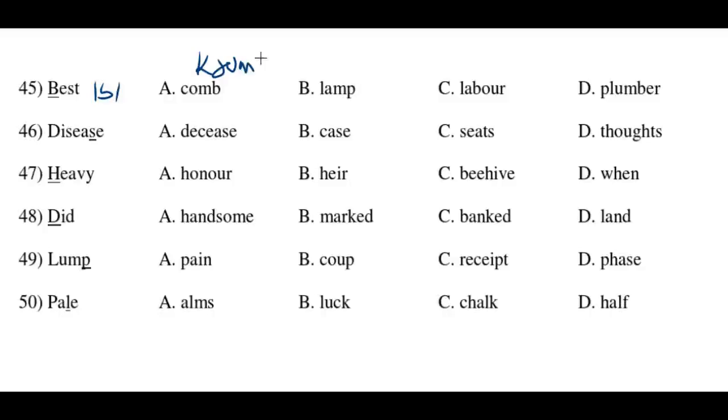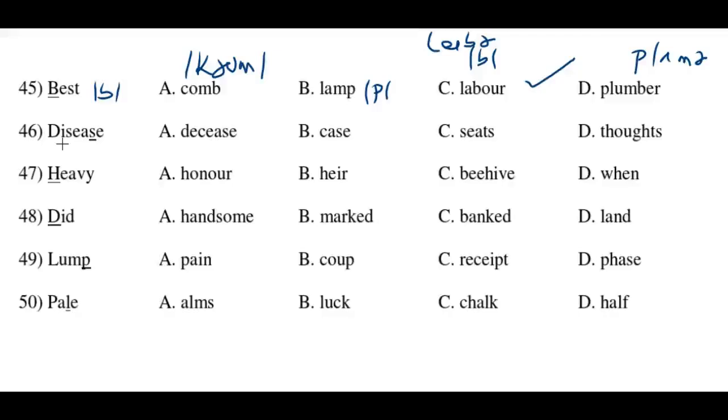Then in lamp, what we have is p. Then C, labor. There is B. And this is plumber. In plumber, B is silent. It is pronounced as plumber. So the correct answer is C, labor.